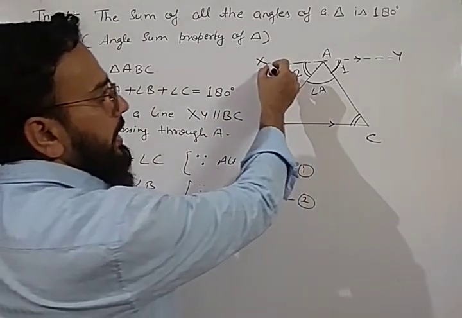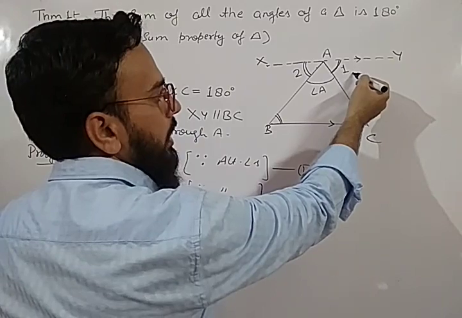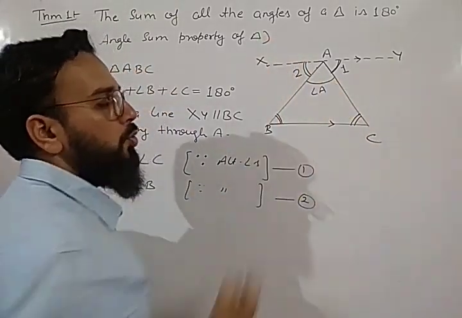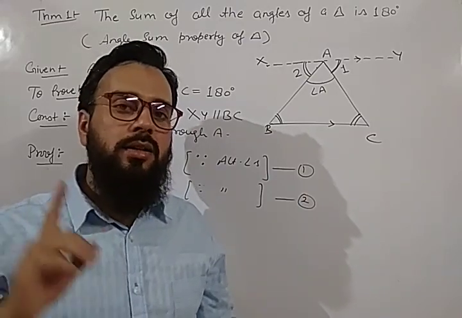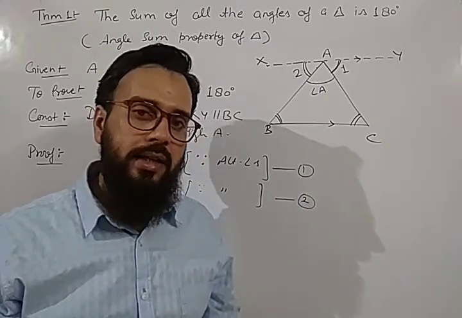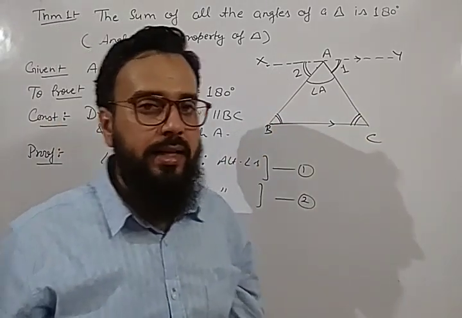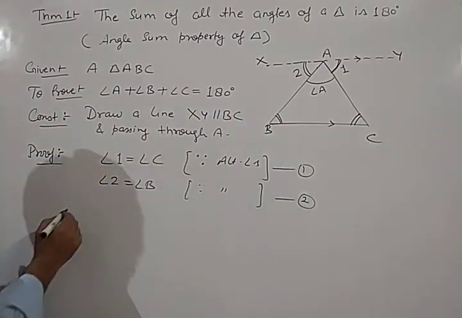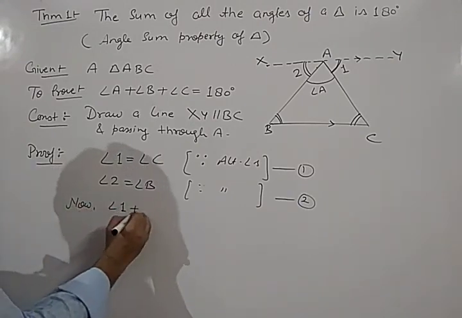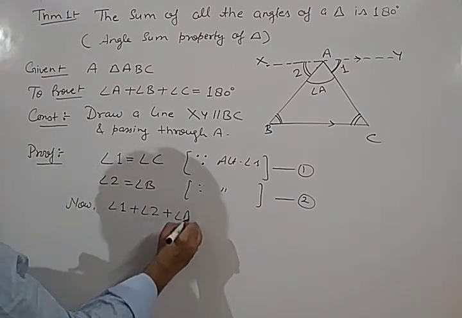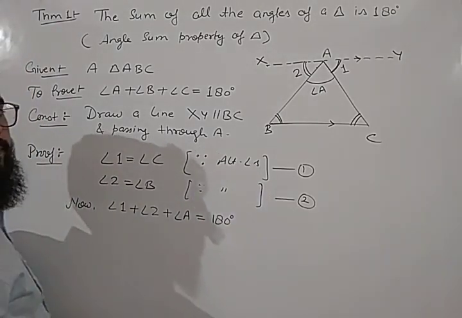Now if we see here, XY is a straight line, and there are three angles, angle 1, angle A and angle 2. And we know that the sum of all the angles on a straight line is 180 degree. It means the sum of these three angles should be equal to 180 degree. So now we are going to use this property. Angle 1 plus angle 2 plus angle A will be equal to 180 degree.